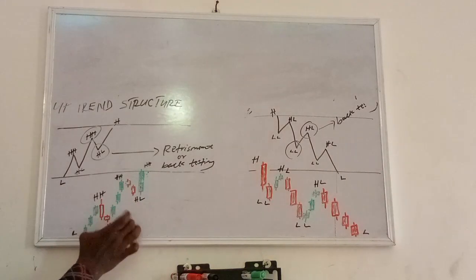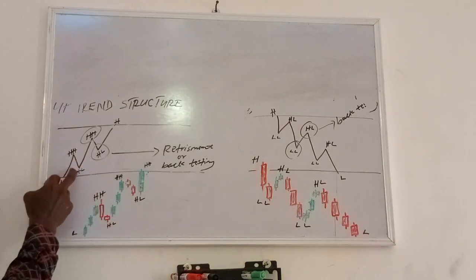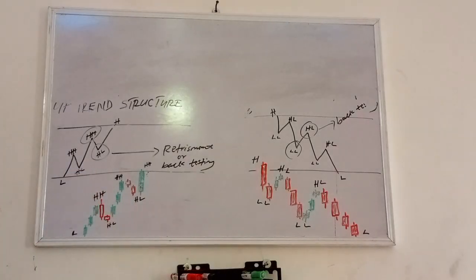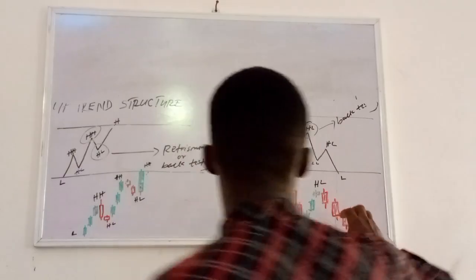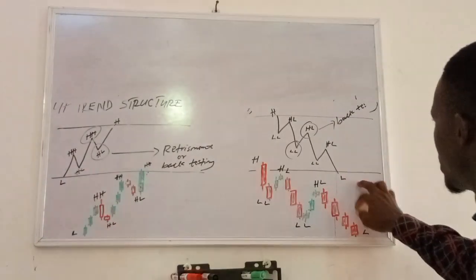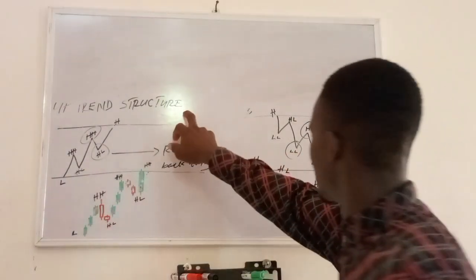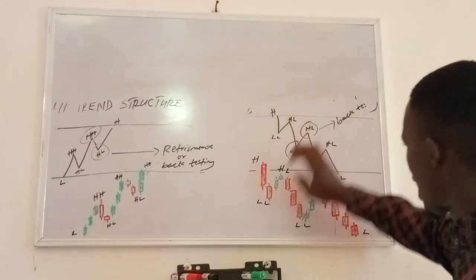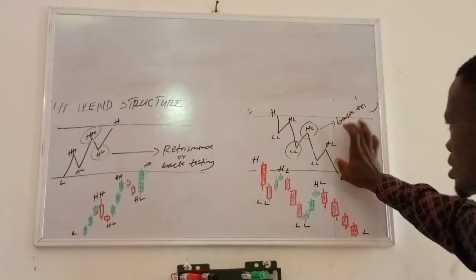This is what you see on the chart. This is exactly what happens here, and this is the clear picture. And in this other scenario, this is an uptrend, and this is a downtrend. In this downtrend, this is exactly what happens here. This is the clear picture.